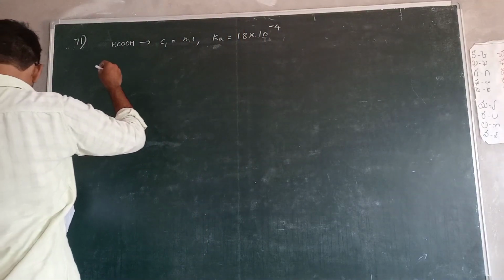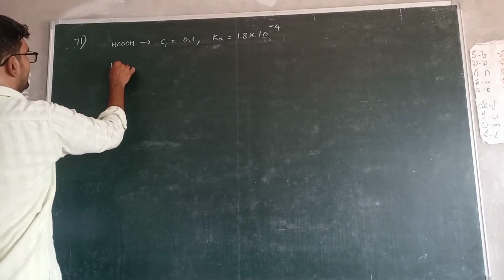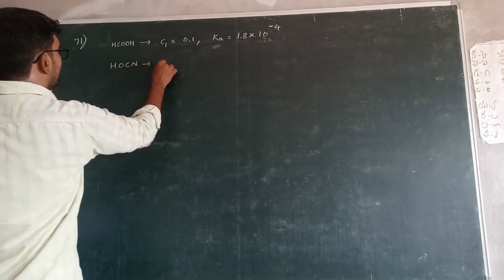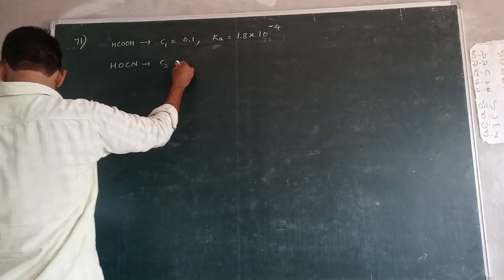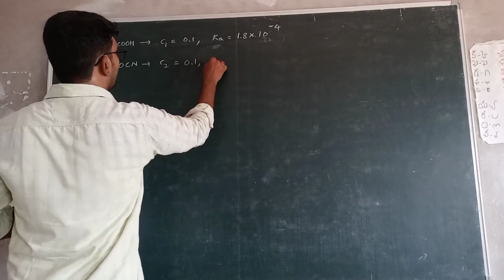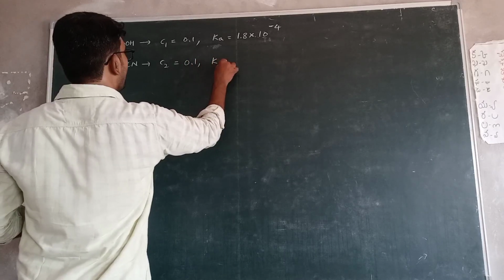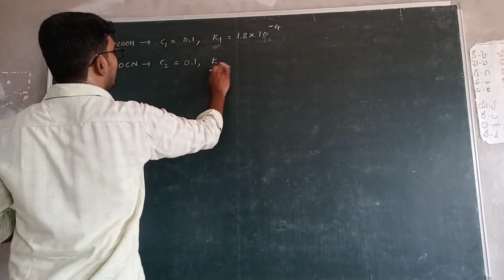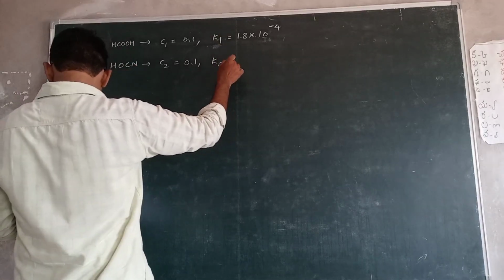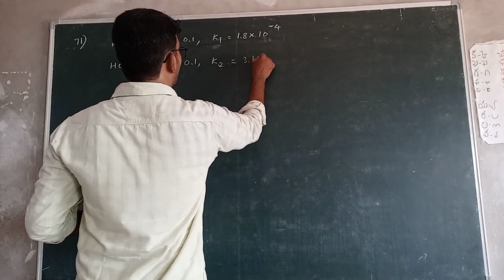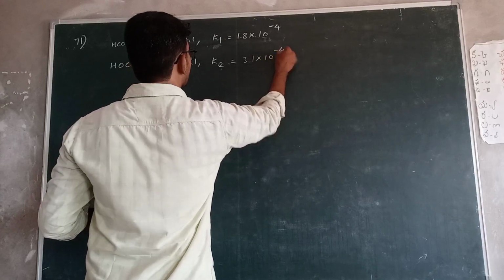The other one is also an acid, HOCl. Here the concentration C2 is also 0.1, and this is K2, taking the first as K1. K2 value is 3.1 into 10 to the power of minus 4.